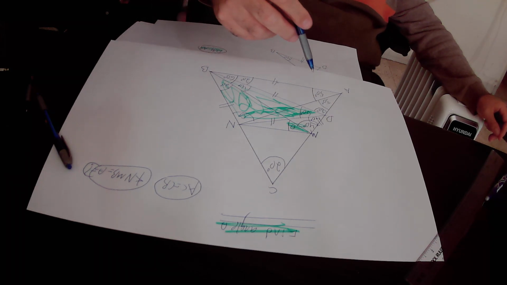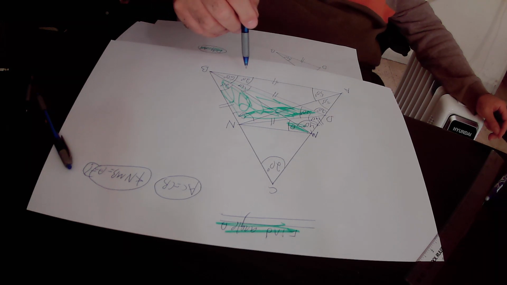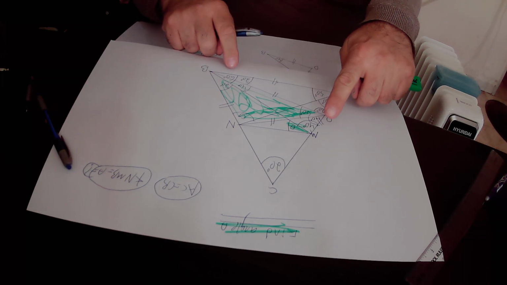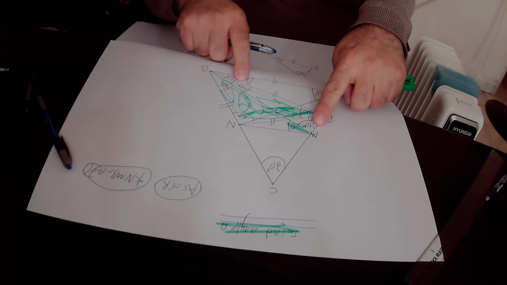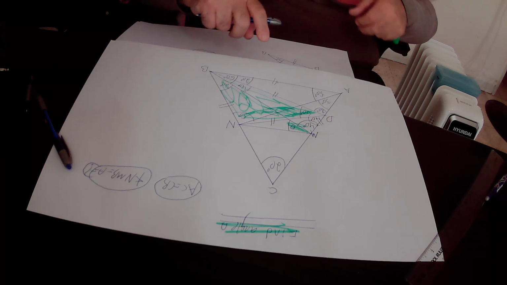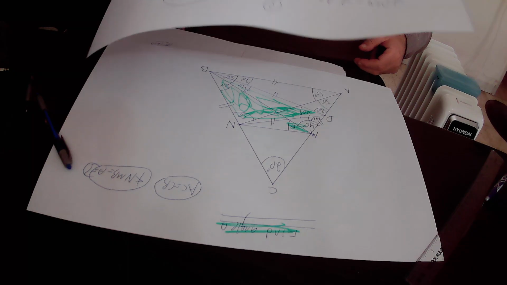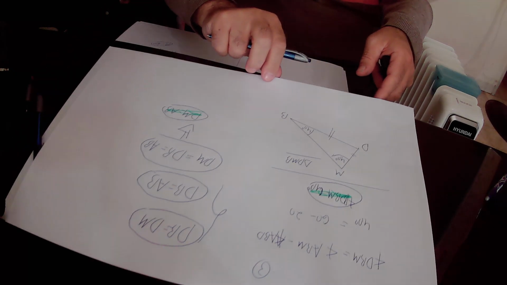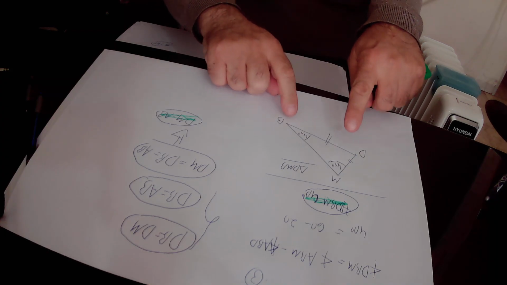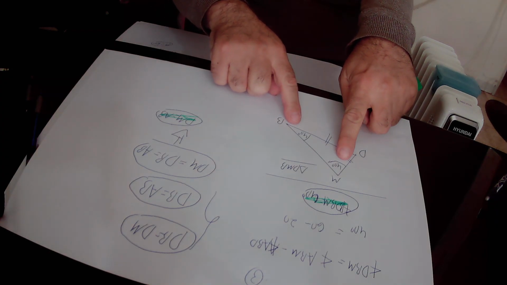In the next step, we copy triangle DMB in a new page and we analyze this triangle, triangle DMB. In triangle DMB, we have those two angles that are equal to each other, they are both equal to 40 degrees. This is triangle DMB that I copied from the original drawing.